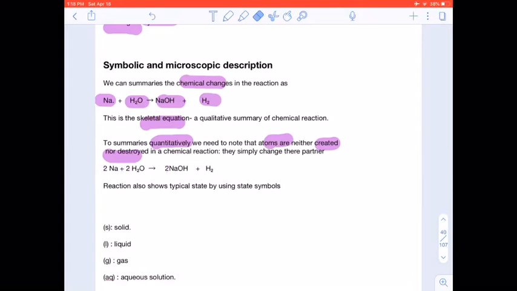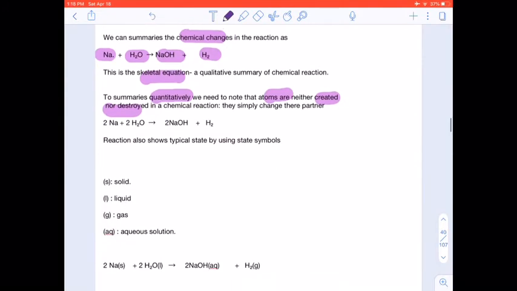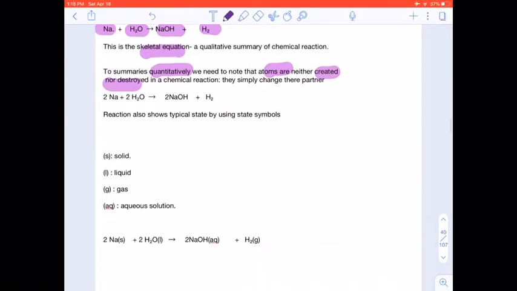But if you look at it, you'll notice that on the left, you got 2 plus 2, 4 particles, and on the right, you got 2 plus 1, 3 particles. Right, now, the reaction also shows a physical state.